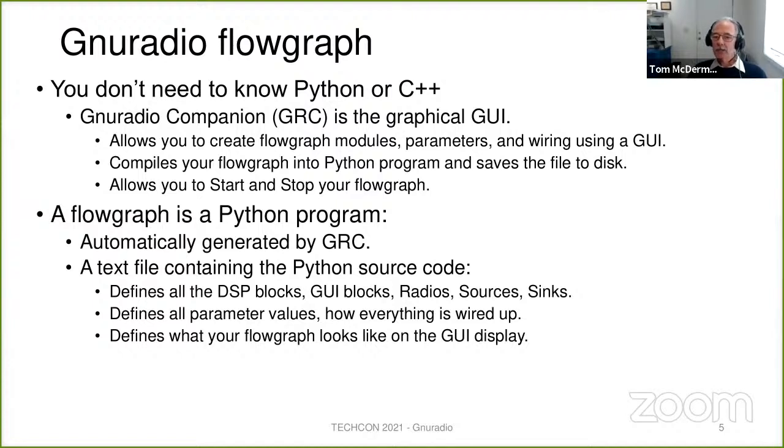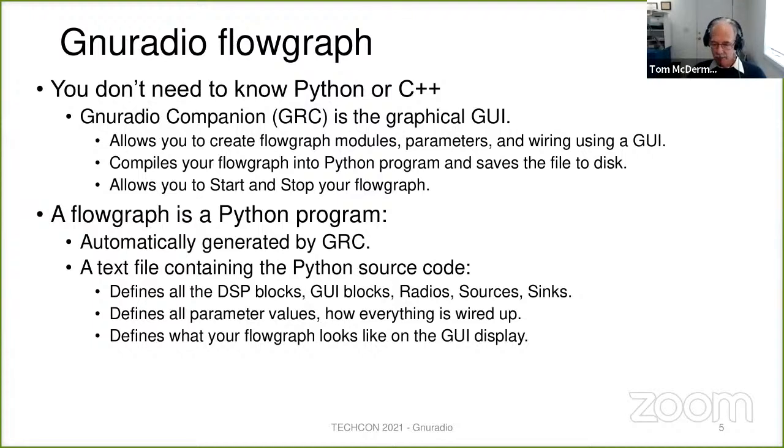A flow graph is a Python program. It's automatically generated by the GUI, and it's a text file. It contains the Python source code, and that defines all of the DSP blocks, all of the GUI blocks, radios, sources, and sinks, defines all the parameter values, how everything's wired up, and how your flow graph should display all of its instruments on your computer.